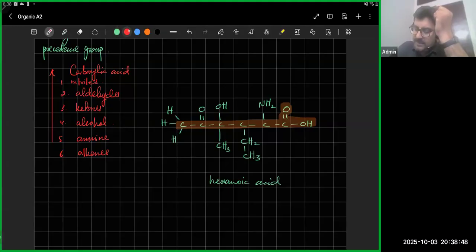So what are the rest? You've got lots of things: a methyl group, an ethyl group, an OH group, an amine, and a ketone as well.